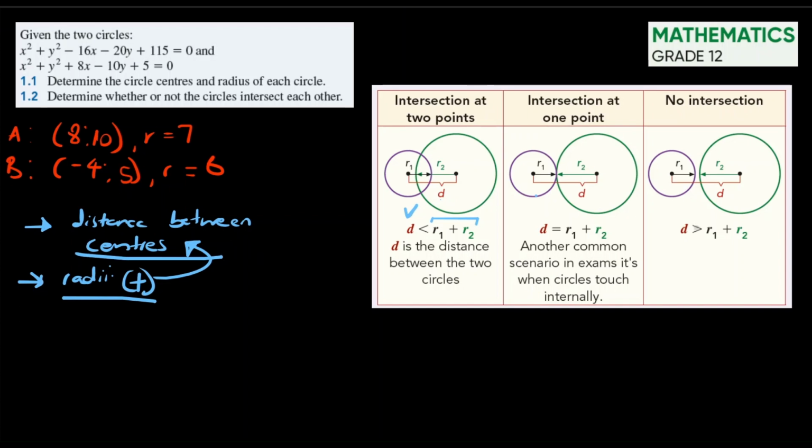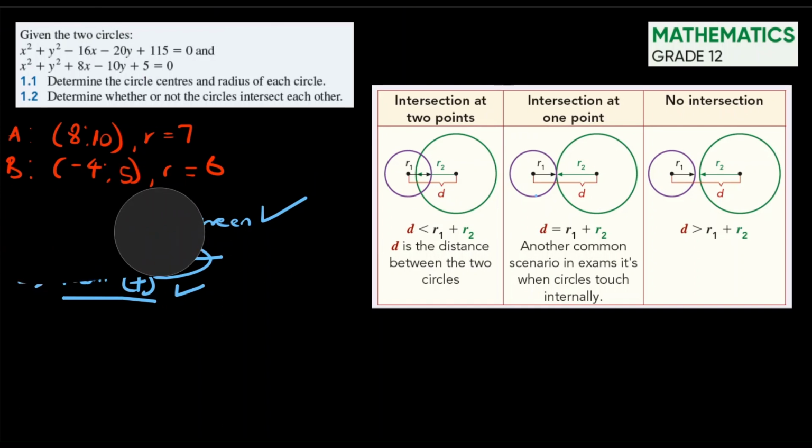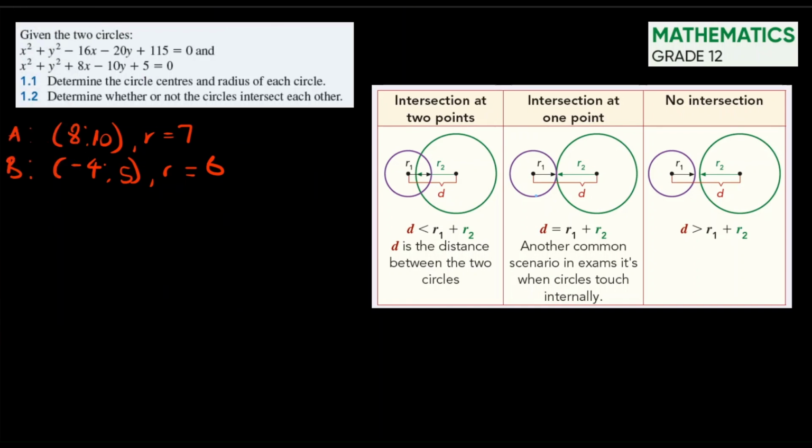And if there's no intersection, the distance between the two circle centers is bigger than the sum of the two radii. So it's always good to remember this table that I constructed. Always memorize it, because it will be so important in answering the question here.